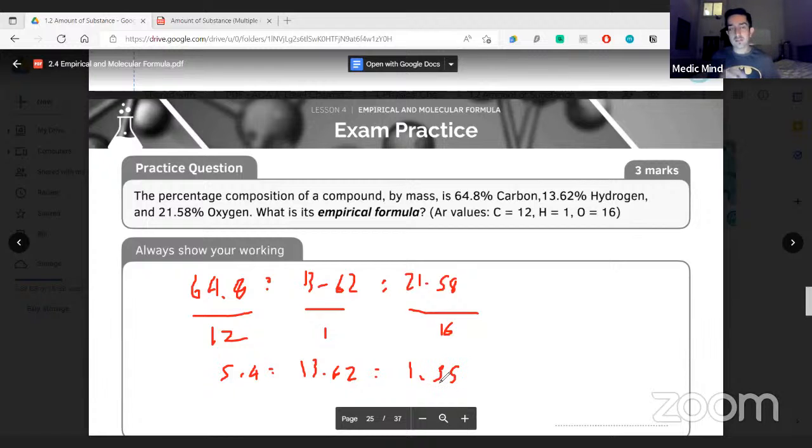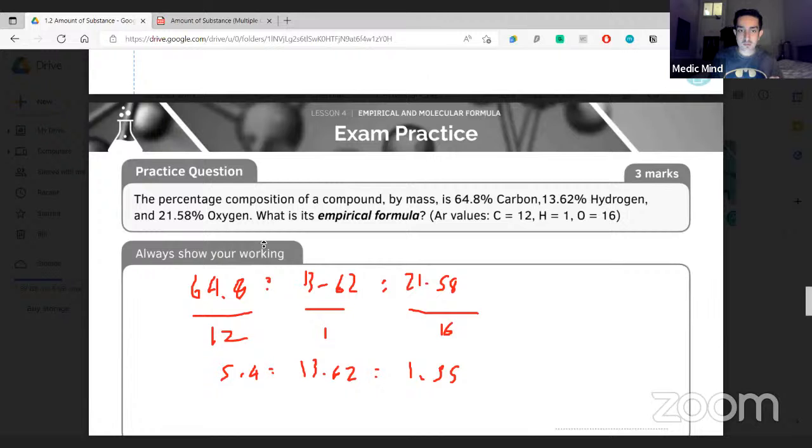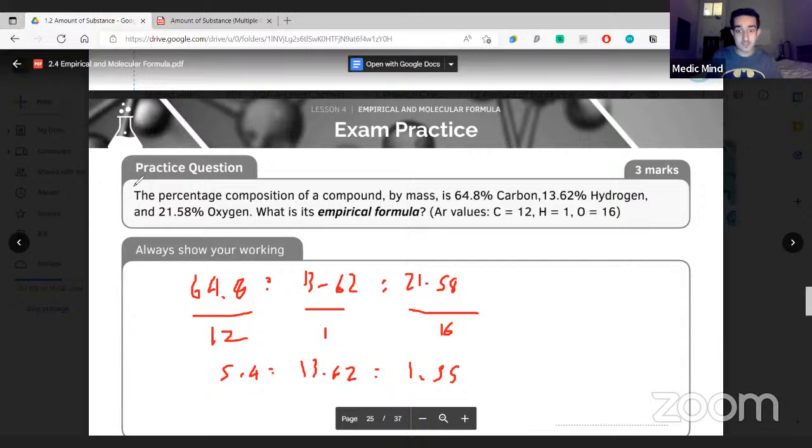Now what you've got is their ratios, not relative to the masses, which is really important because now these ratios are not relative to anything. The next thing you want to do is get this into a whole number format. The best way to do this is to divide all of these by the smallest of the numbers that you've got. So divide all of these by 1.35. That'll give you their whole number ratios, or at least a fraction of their whole number ratios.